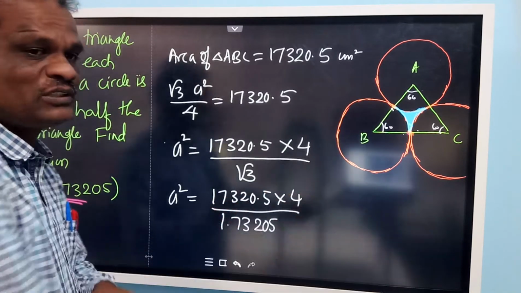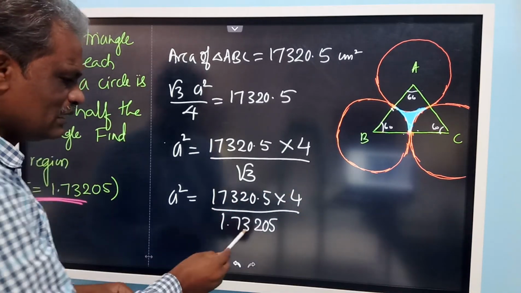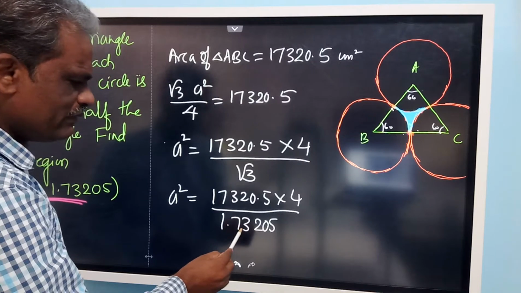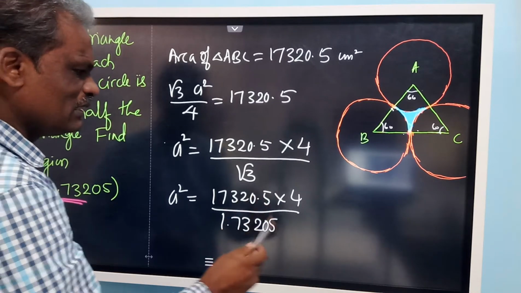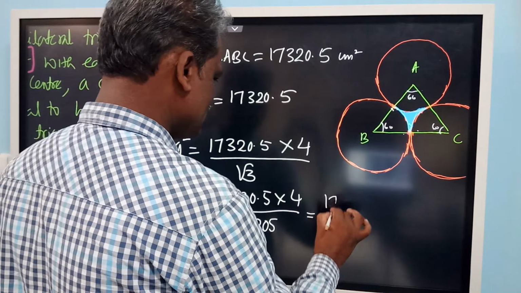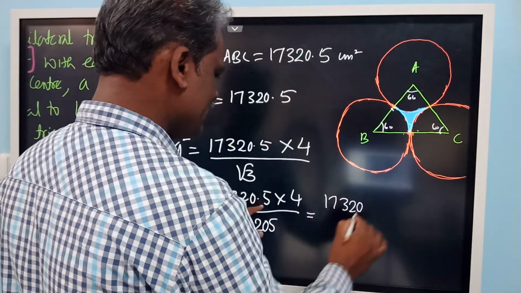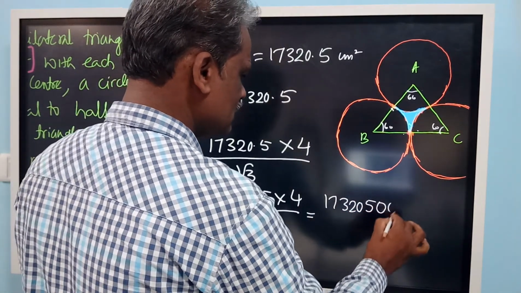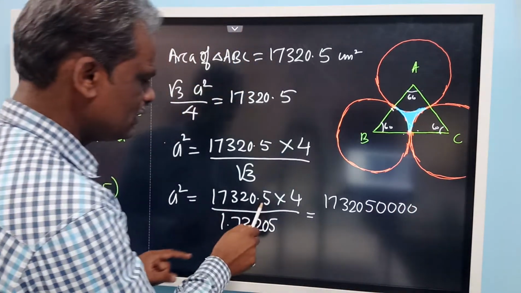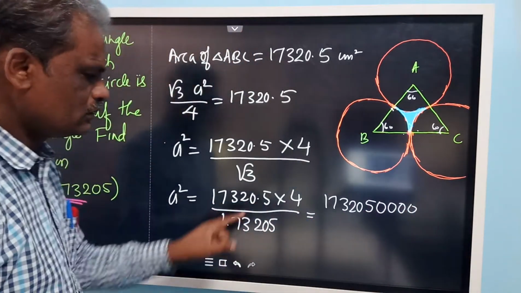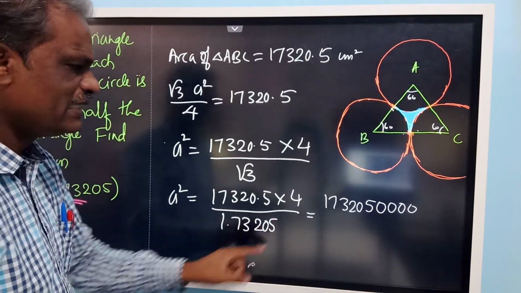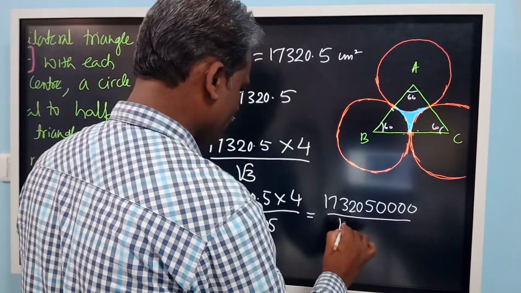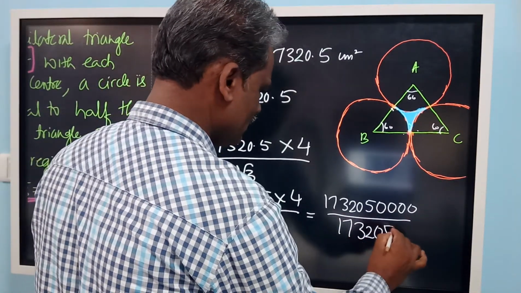So 1.73205, shifting 5 digits, becomes 173205. Similarly 17320.5 shifted 5 digits becomes 1,732,050,000. The denominator becomes the whole number 173205.